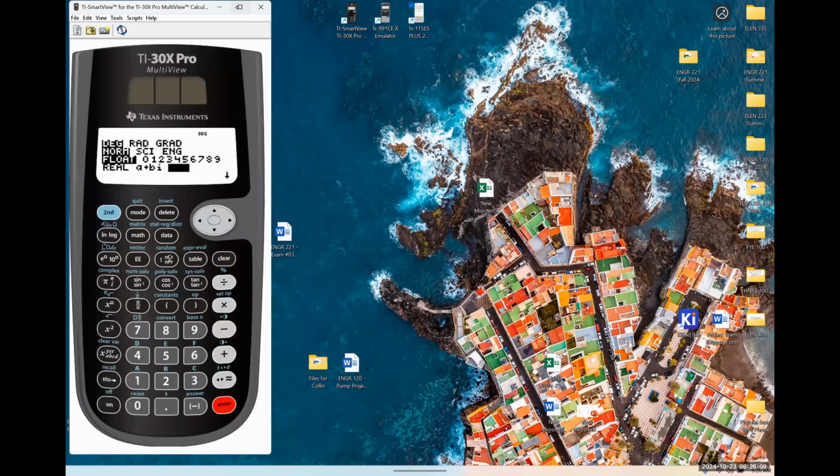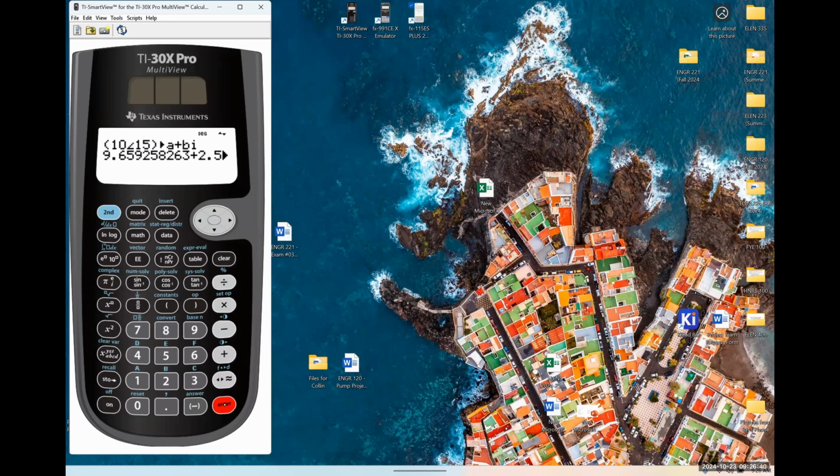And then for TI folks, we get the angle operator by pressing second complex, and then our first option is the angle operator. And we get the same thing.